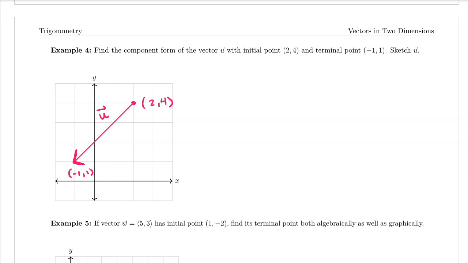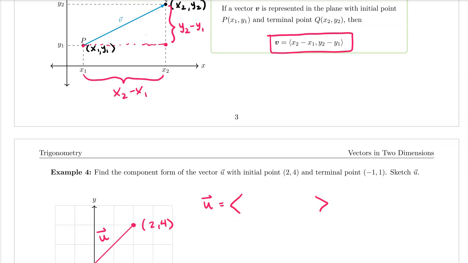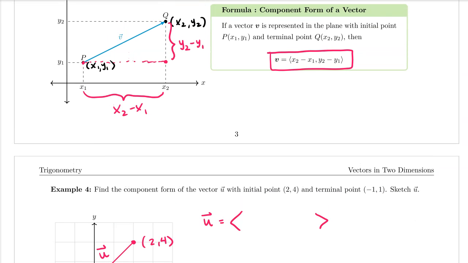So that's why the arrow for our vector is going in the southwest direction. So now we want to find the component form. So vector u is equal to, I'm going to draw my pointy brackets. And if we go back to our formula, we see that it's the difference in the x-coordinates, and then comma, the difference in the y-coordinates.